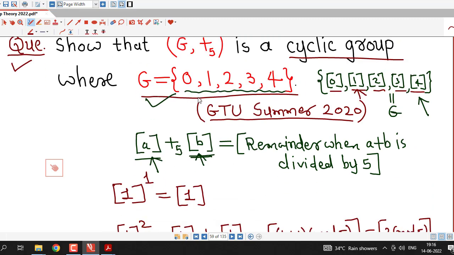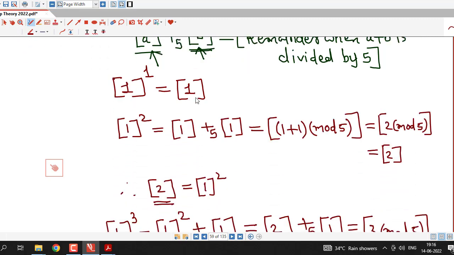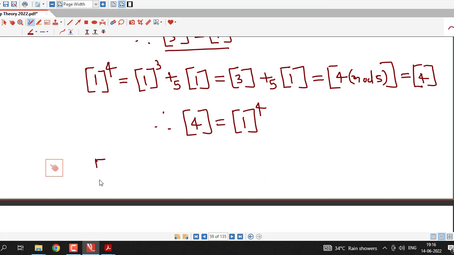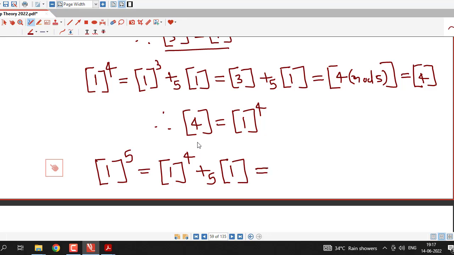Now what about 0? We must generate 0 also. So for that we can try for the fifth power of equivalence class 1. So this we can rewrite as the fourth power of equivalence class 1 addition modulo 5.